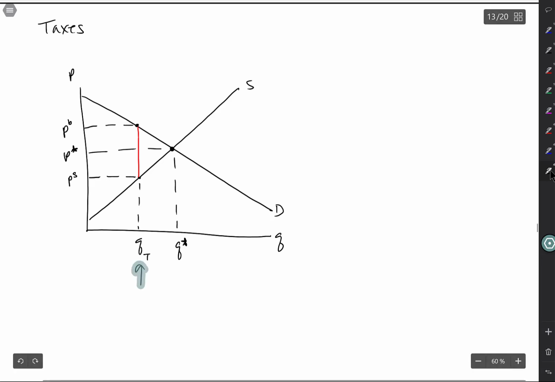It's just lower. And so we're going to use, once again, the tools of welfare analysis, consumer surplus, producer surplus, and total surplus, to analyze the impact of taxes on the market. To do that, I'm just going to fill in these regions with letters.